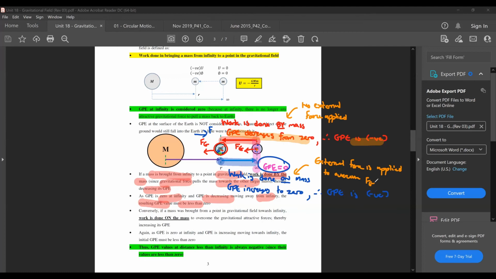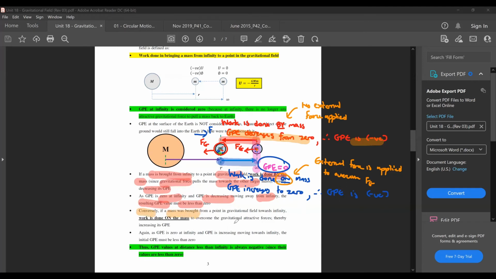This is why I know this is work done on mass, because I had to purposely apply a force in order to move it. And when I purposely apply a force in order to move it, I'm actually doing work on the mass. So whatever work I do on the mass is increasing its GPE value. But it so happens that in your case, it's increasing to 0 right now. So the GPE value must be negative. Okay, so this is what the other statement is actually saying.